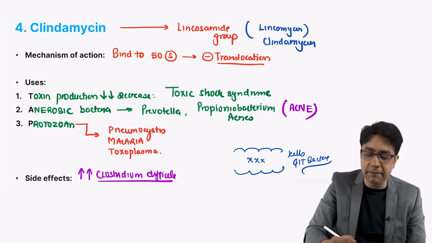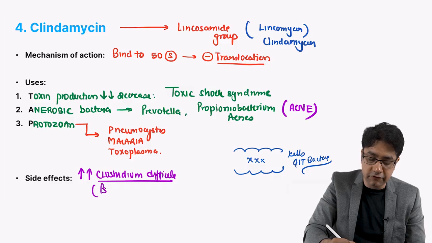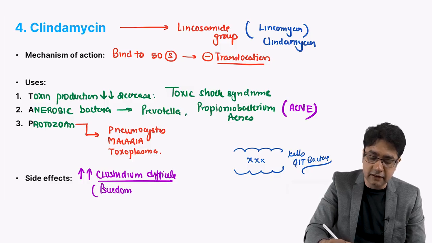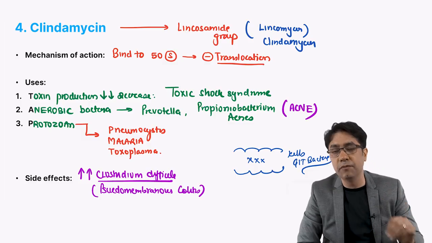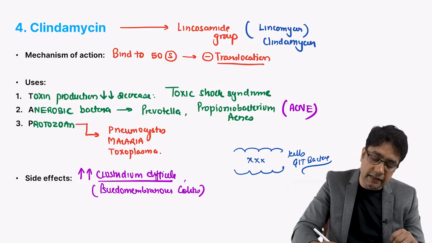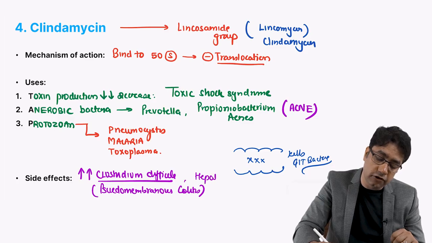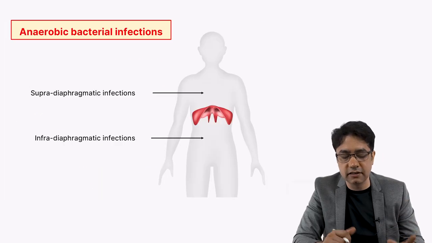And this Clostridium difficile infection we discussed in previous section is known as pseudomembranous colitis. It can cause pseudomembranous colitis. Plus, clindamycin is also a hepatotoxic drug. So remember, pseudomembranous colitis risk is increased.